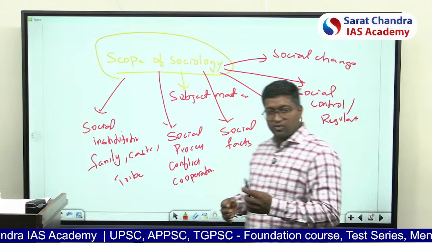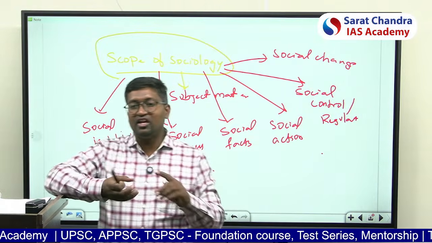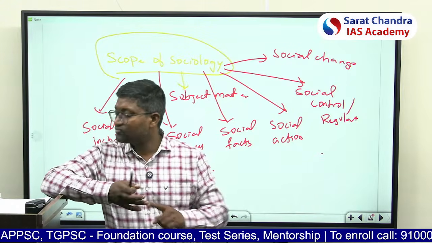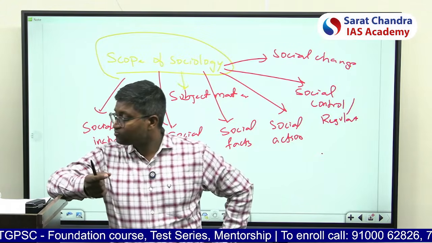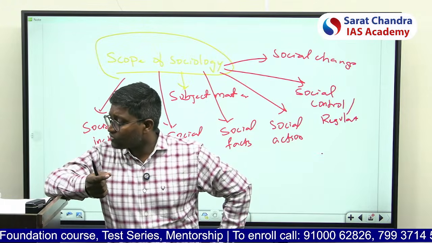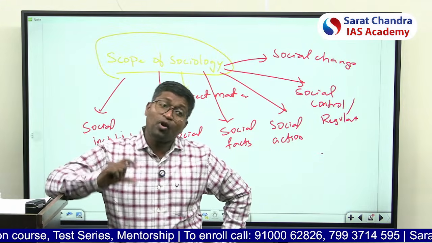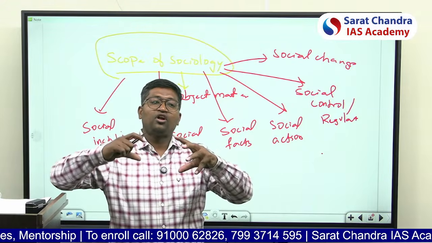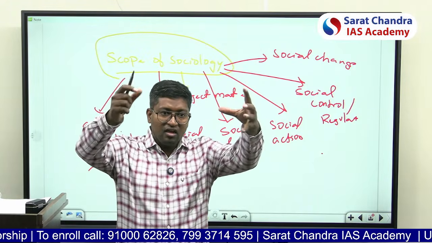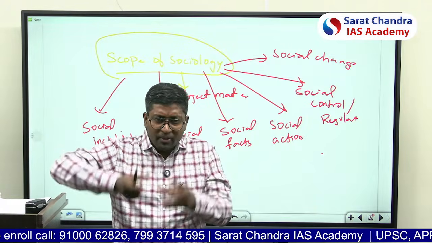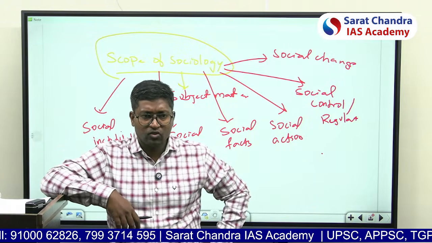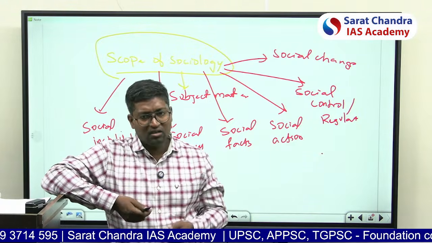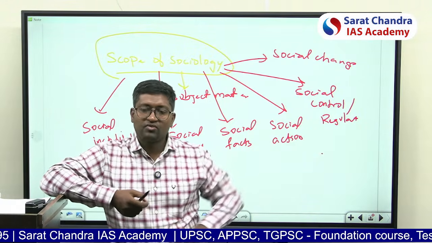You need to understand, in sociology we will not just study facts, we will study the meaning attached to them. Sociology studies broader aspects and specific aspects. Overall it will study broader aspects of the family, and within the family it will talk about particular events. Sociology studies both broader and specific aspects.